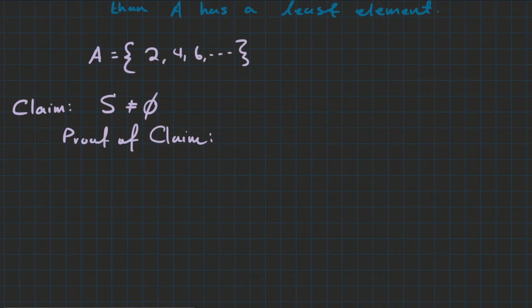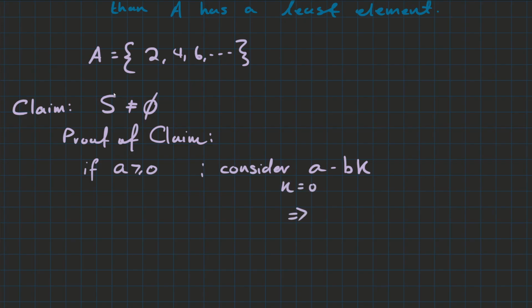Well, if A is greater than or equal to 0, then let's consider A minus BK for some integer K. If A is positive, then of course it's not empty. I could just pick K to be 0.